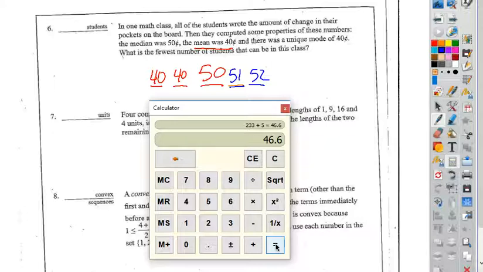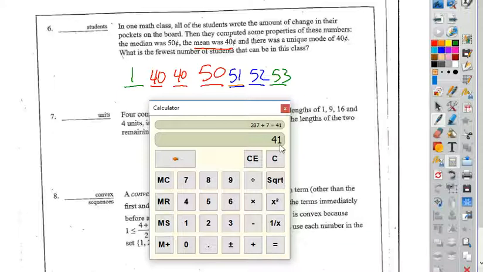So let's add more numbers, right? So to keep that median of 50, I have to add 1 on each side, and the smallest number I could add is a 1, and the smallest one here I can add is 53. So let's go. That's 206 plus 81, and now we have 7 numbers, and I get a mean of 41.